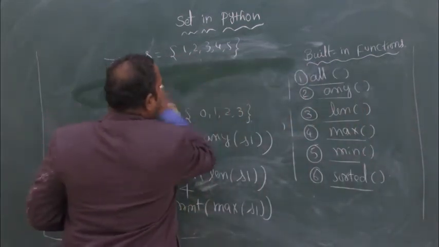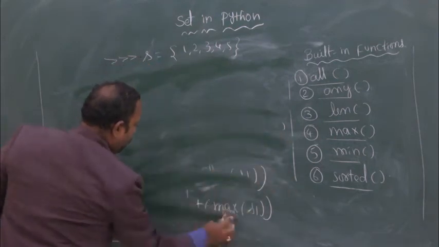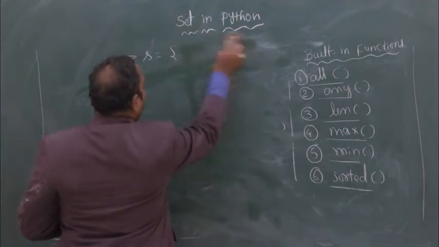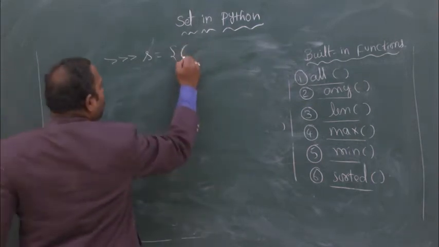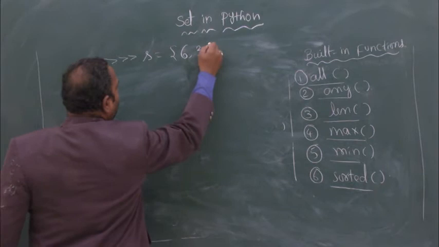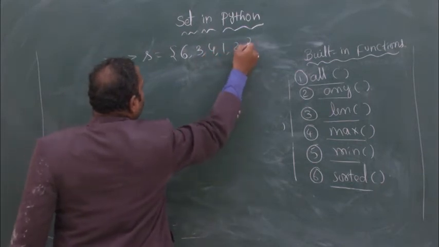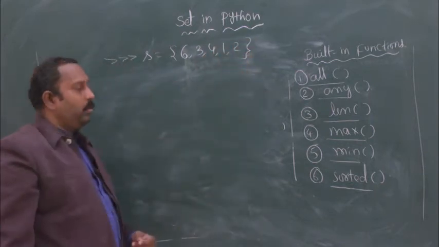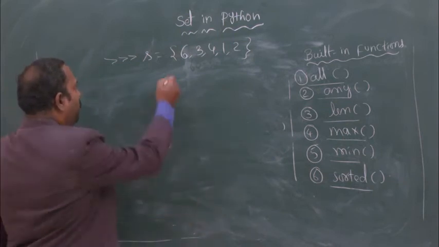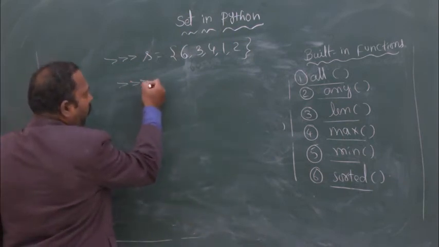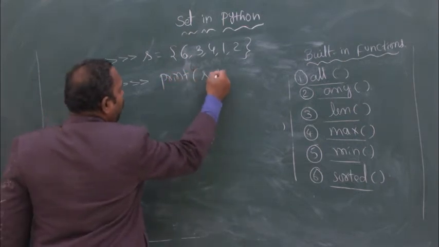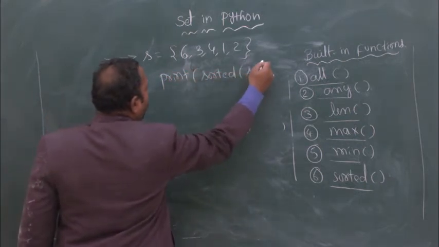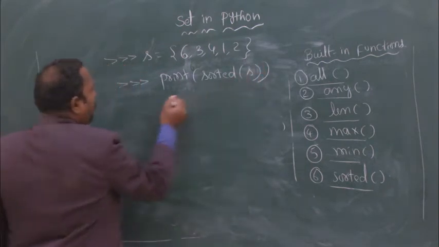Suppose a set S consisting of 6, 3, 4, 1, 2. Now I want to sort the elements in the set, so I use print sorted of S. What is the output you will get?